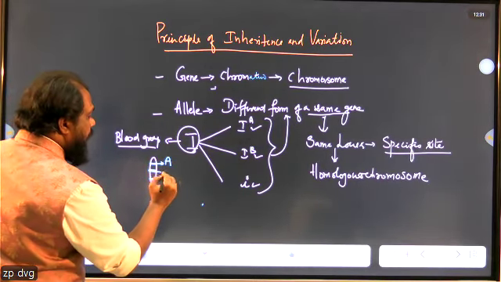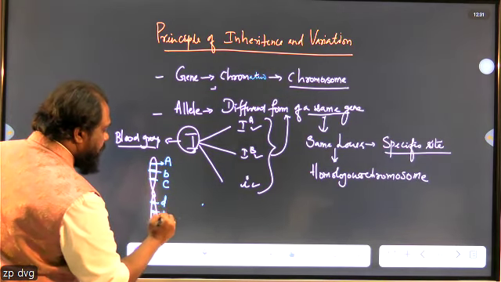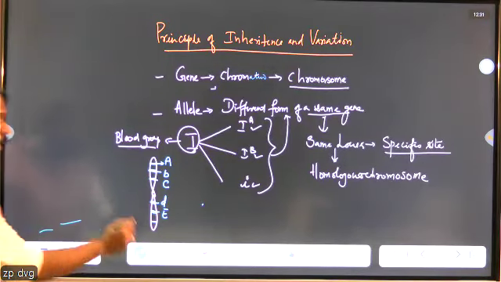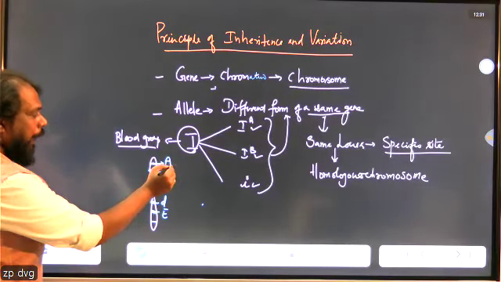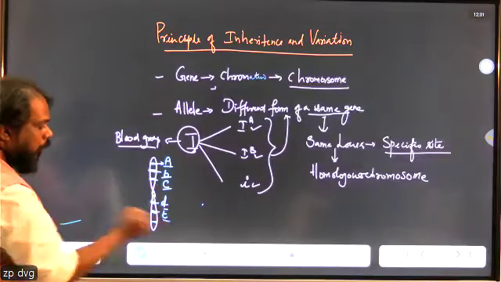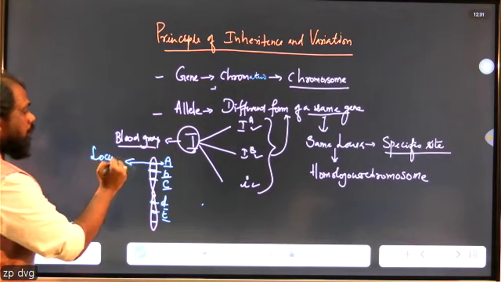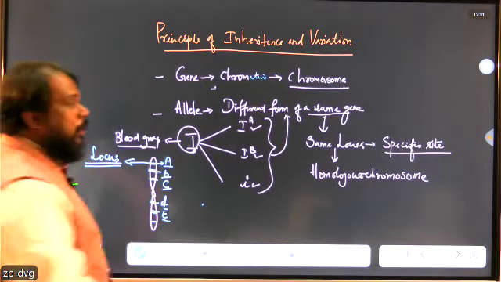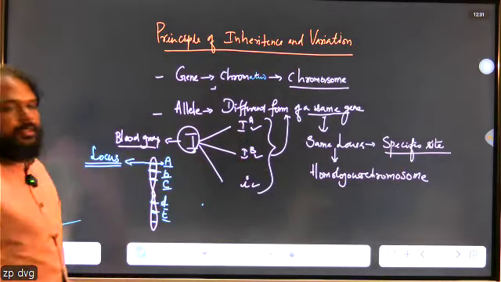For example, gene A is present, gene B is present, C, D and E are present. So in a chromosome, there are certain areas where specific genes are located. Therefore, this area is called a locus. So what is a locus? A locus is a specific site where a particular gene is present.